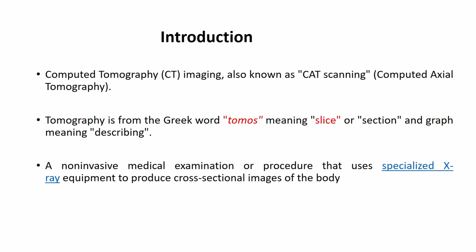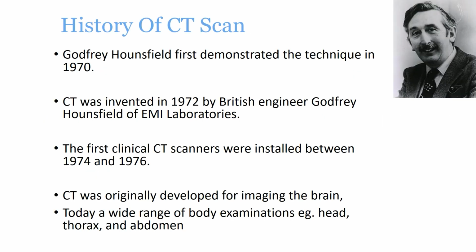The word comes from the Greek word tomo, which means slice or section. In computed tomography we use X-rays so that the images are in the form of slices. That's why it is called tomography. Computed tomography is a non-invasive medical examination procedure that uses specialized X-ray equipment to produce a cross-sectional image of the body.